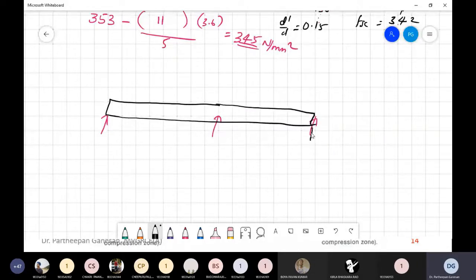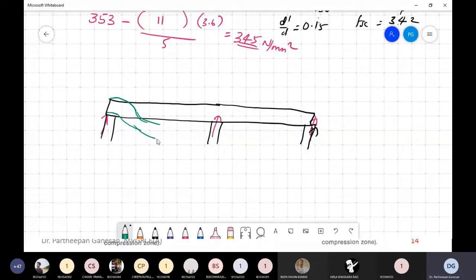Now this one column, this another column, this another. Now let us say this beam is taking the load, right? Now how will be the deflection profile of this beam? The deflection profile of the beam will be something like this.